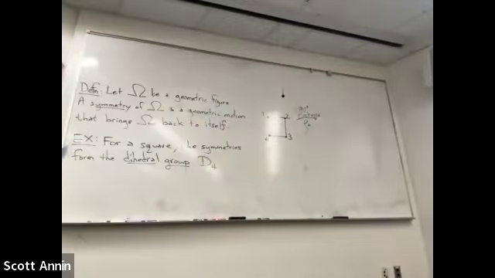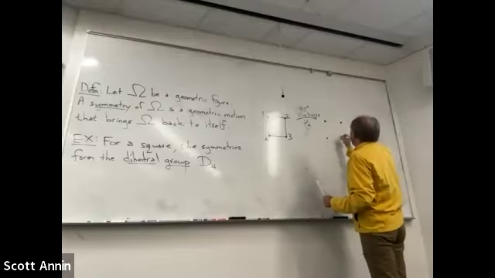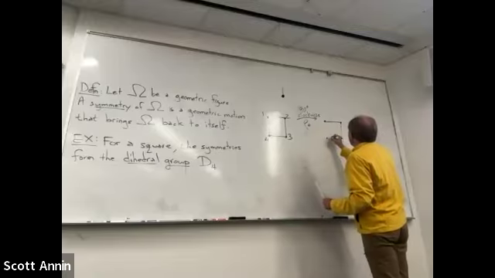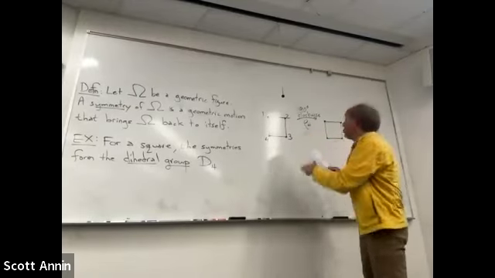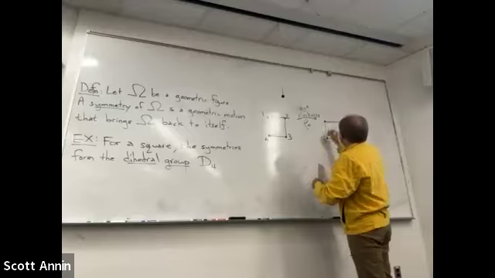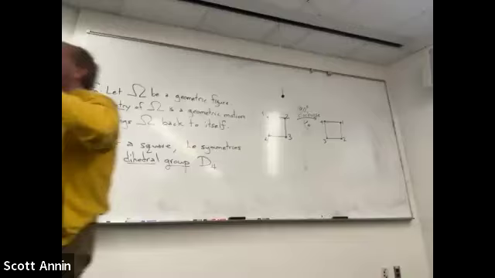So that little p is pronounced rho, it's a Greek letter. And this just means take your square, pick it up, and rotate it by 90 degrees clockwise. And if you do that, what you want to pay attention to is that the labelings on the corners would then shift around by 90 degrees.